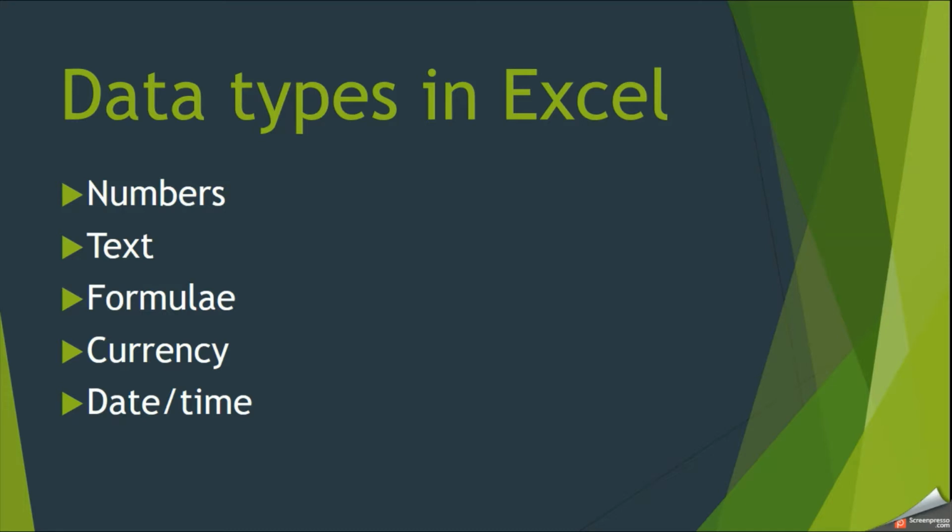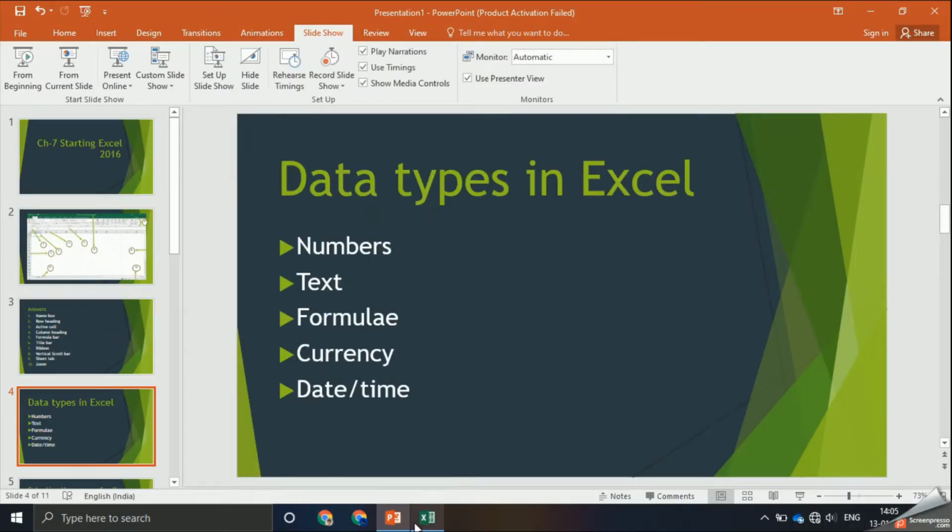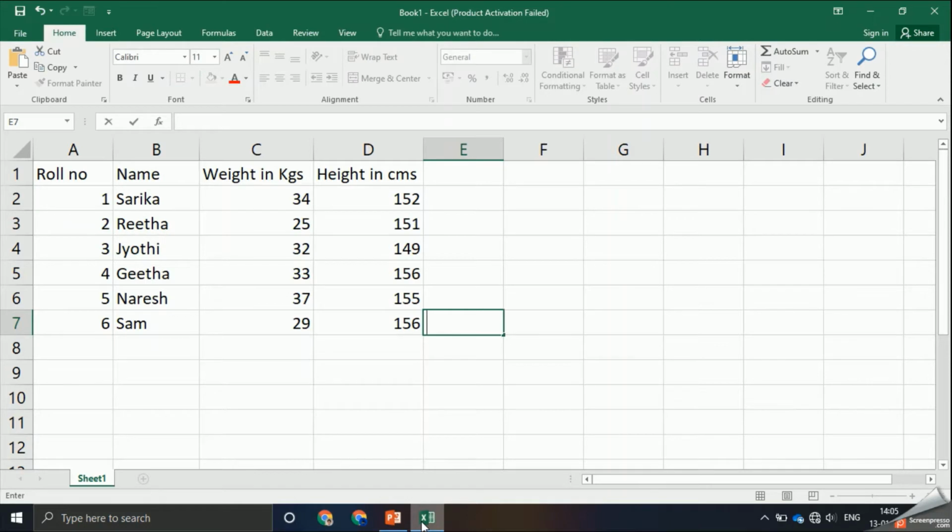Let's see in the window first. See in this Excel window, if I want, I can enter the numbers 1, 2, 3, 4 and I can enter a text value.